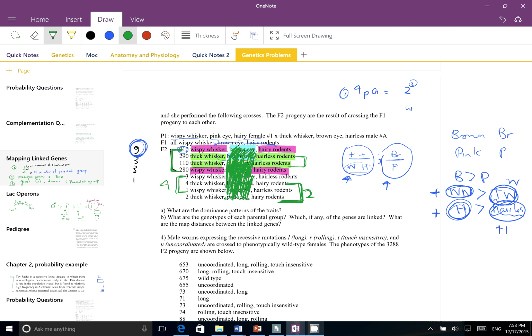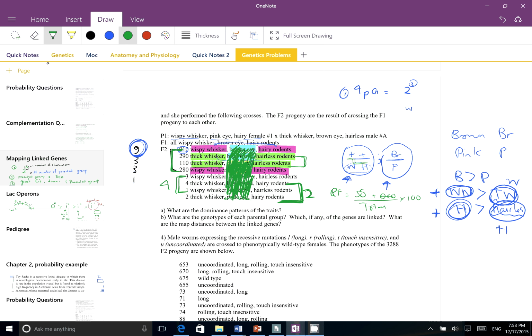If I use the relative frequency equation, RF equals single crossover plus double crossover over total times 100, I do not have a double crossover because I only have one gene pair, so I can only have a single crossover.